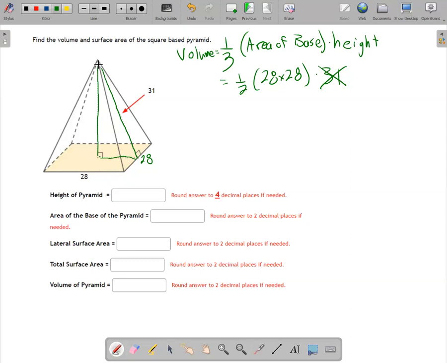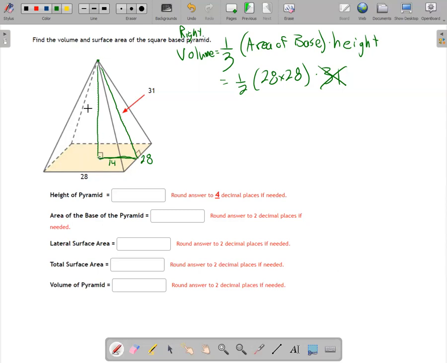They didn't mention that, but you would need to assume it to be true, to guess that the bottom here has to be half of 28, or 14. And that's only going to be true if this is a square-based right pyramid. Again, a right pyramid means the vertex is directly above the center of the base.